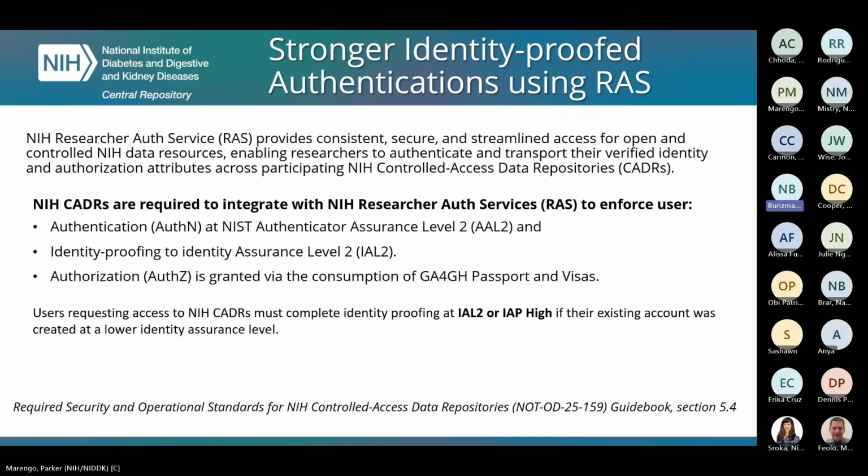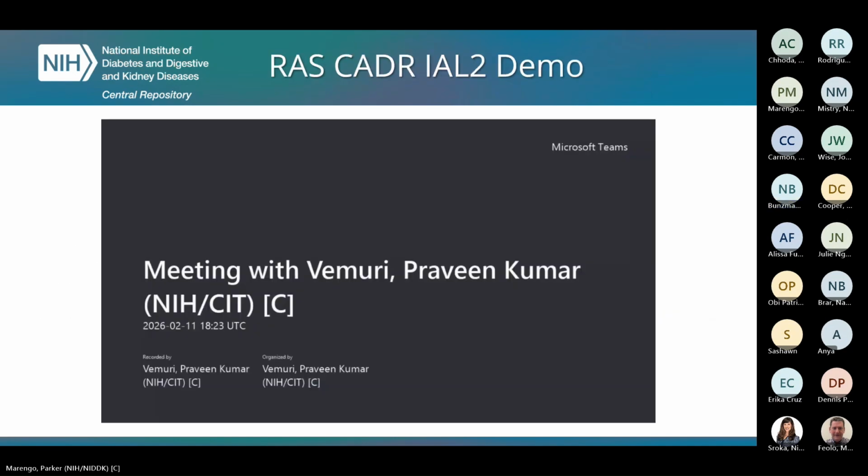If we want to move to the next slide. This is a demonstration of the simple IAL2 level linking between our identity providers, login.gov, and the eRA Commons. That's a feature that can be enabled for a CATER that allows an applicant to have their IAL level 2 account, either through login.gov or ID.me, linked to their eRA Commons account, which is not at IAL2.